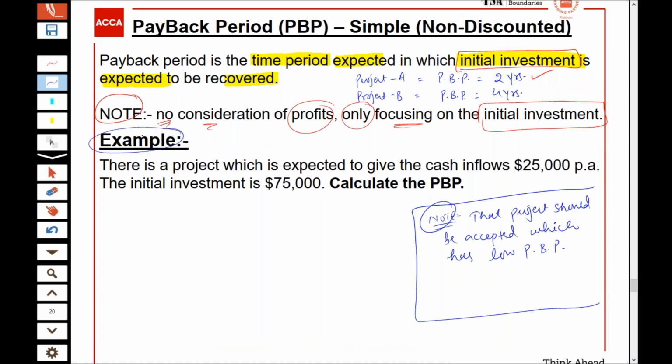Now, this is the example. There is a project which is expected to give a cash inflow of 25,000 per annum, that is the annuity, and the initial investment is 75,000. Calculate the payback period.